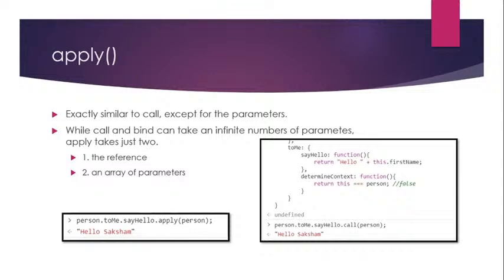Okay, by infinite I obviously mean that you won't have to take infinite number of parameters, that's just hypothetical, but you can take as many parameters as you like. Okay, while call and bind can take infinite number of parameters, apply just takes 2 as I talked about, and let's move on.